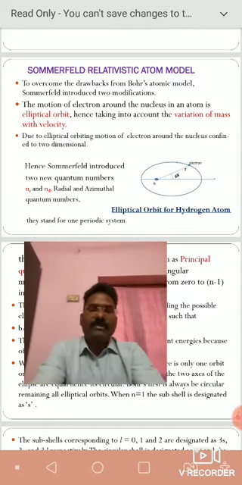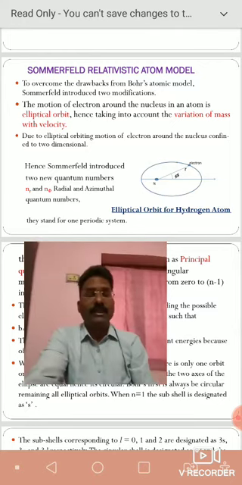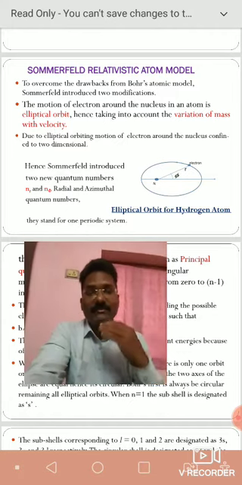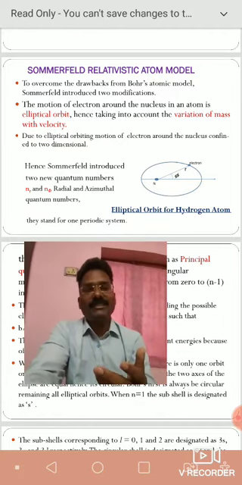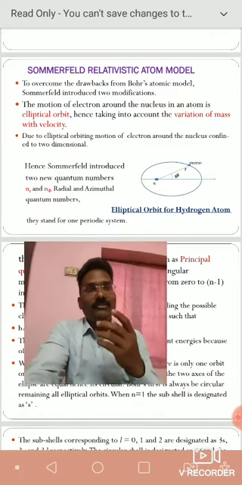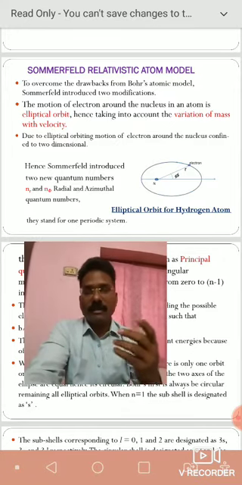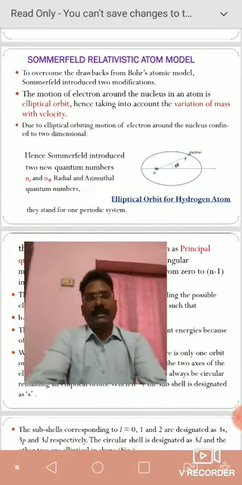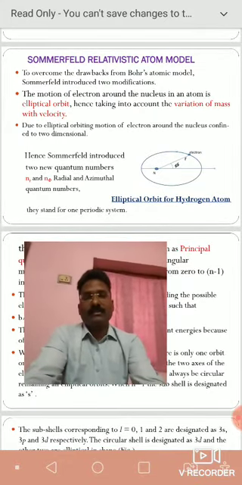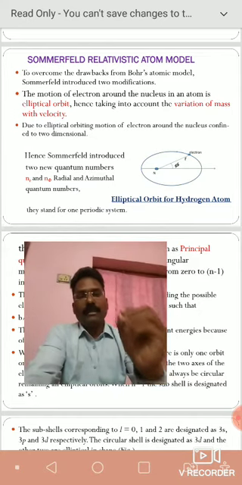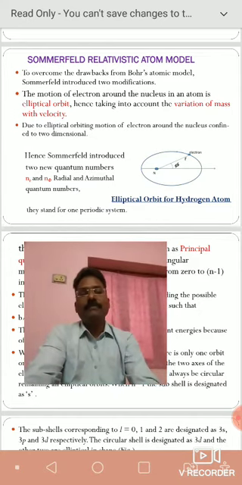If the mass changes, the momentum changes. If the momentum changes, the energy changes, and each line can be resolved into two or three component lines. That is the answer we get. This is the reason Sommerfeld assumed the path of electron motion around the nucleus may be elliptical.